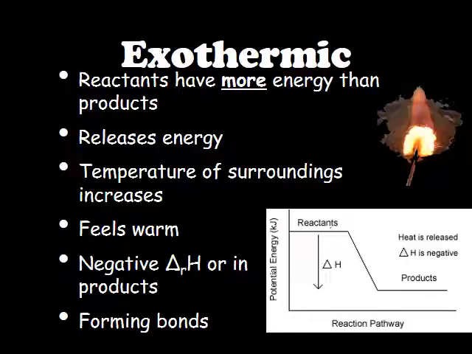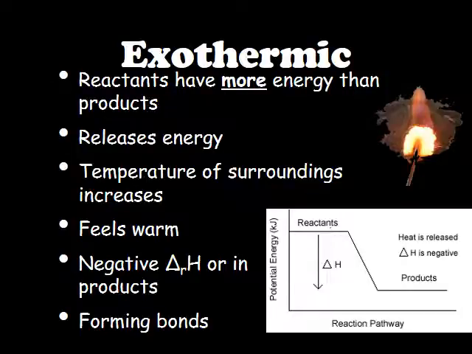So let's now look at exothermic reactions. In exothermic reactions, reactants have more energy than the products. This means that an exothermic process releases energy, like striking a match, and the temperature of the surroundings increases because energy is being released into the surroundings.